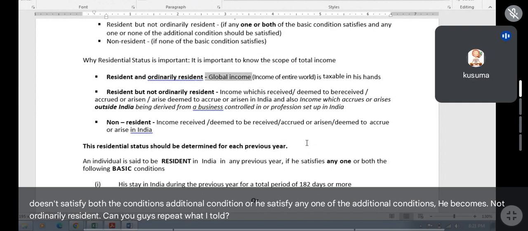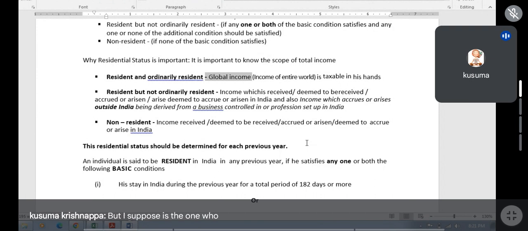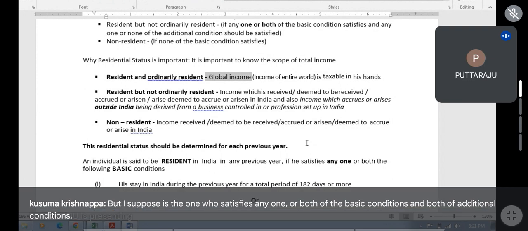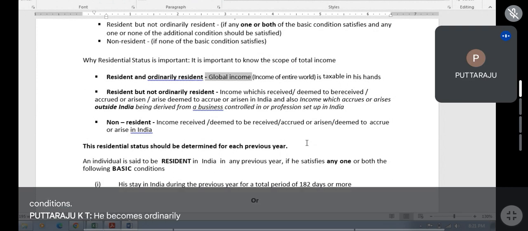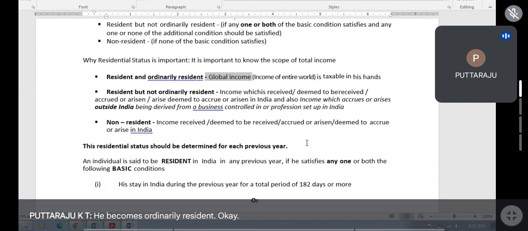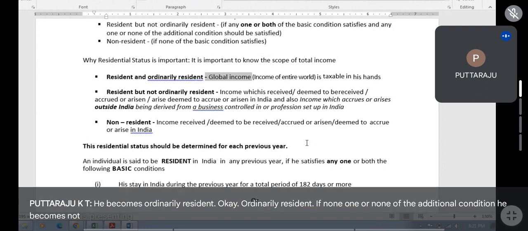One who satisfies any one or both of the basic conditions and both of the additional conditions becomes ordinarily resident. If one or none of the additional conditions, he becomes not ordinarily resident.